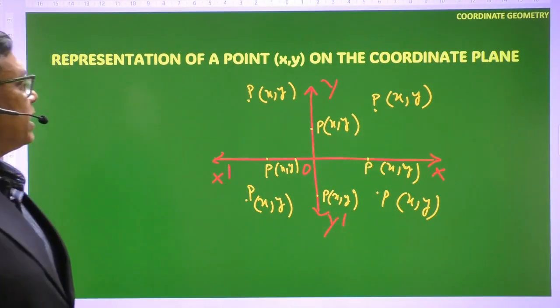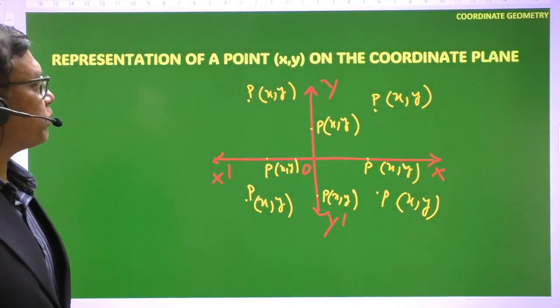So we are considering the different positions of the point P.